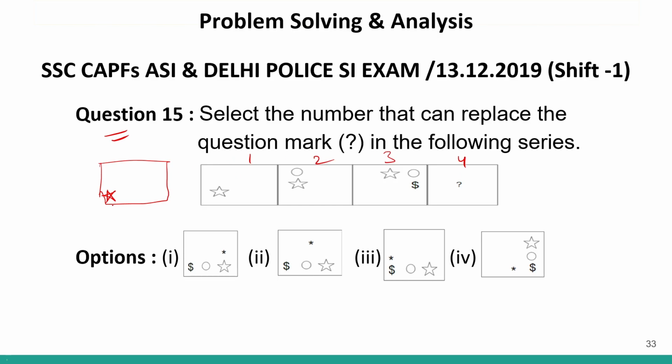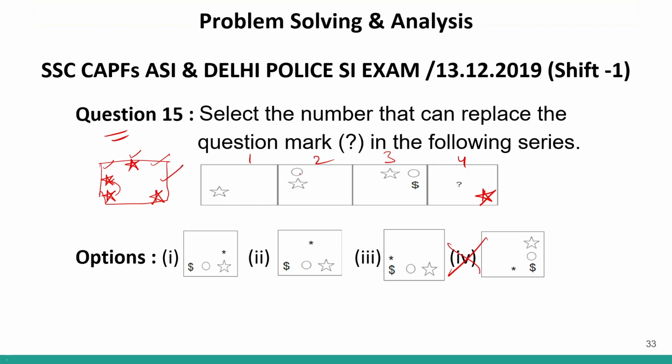In the second figure it has moved 1 forward. In the third figure it has moved 2 places, 1 and 2. So now it will move 3 places: 1, 2 and 3. So our star will be in this position. So if the star is here, option number 4 is clearly eliminated.